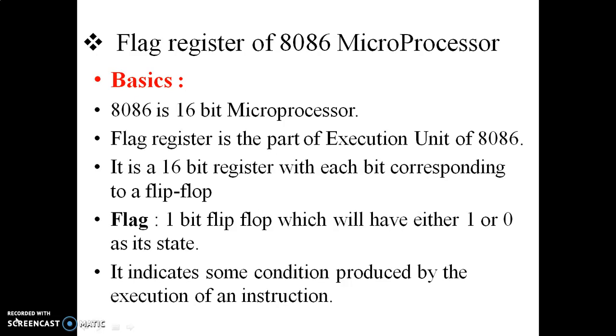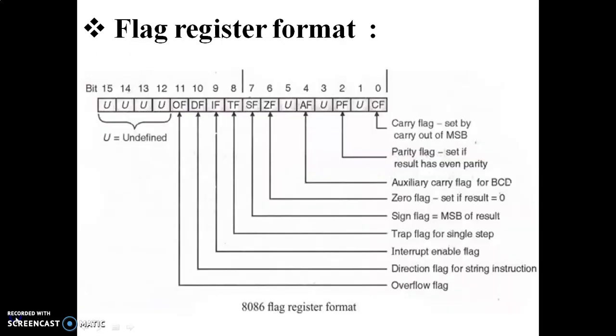Now what is a flag? Flag is a 1-bit flip-flop which is able to store either 1 or 0 as its state. It also indicates some conditions produced by the execution of an instruction. So as I have told you, flag registers of 8086 is of 16 bits starting from 0 to 15.